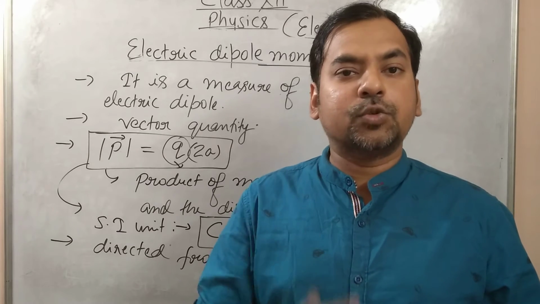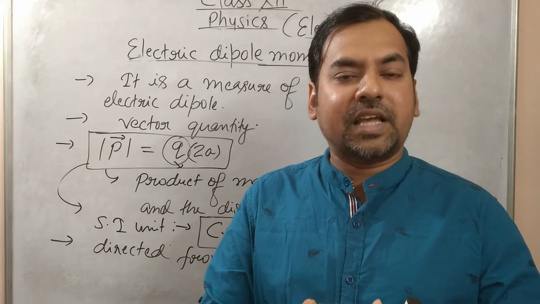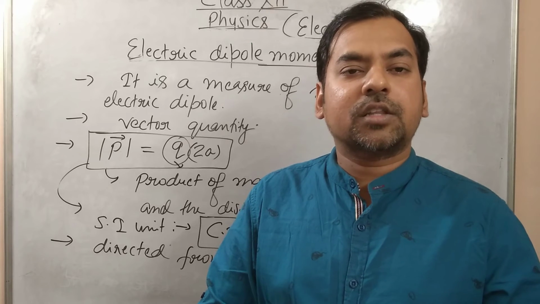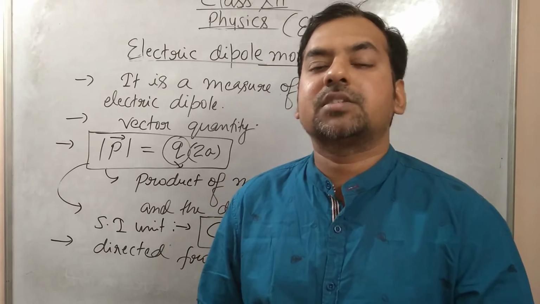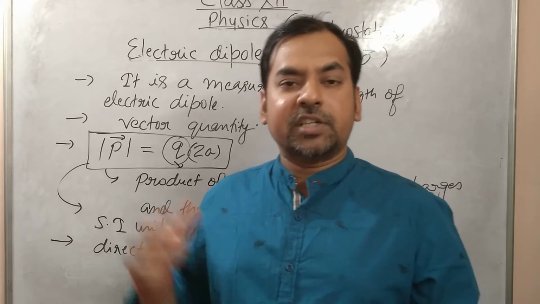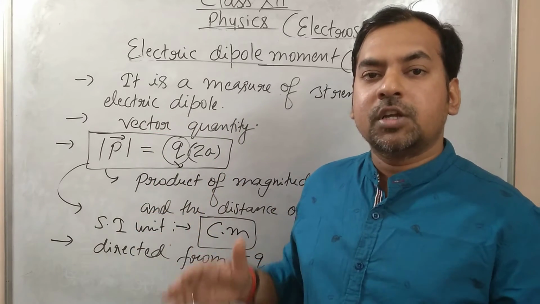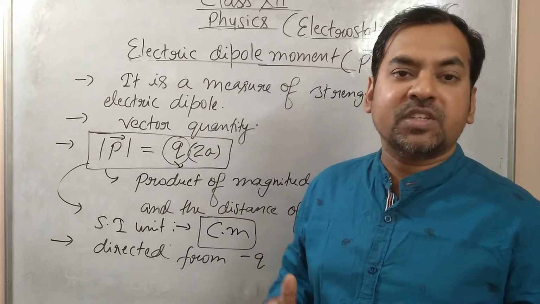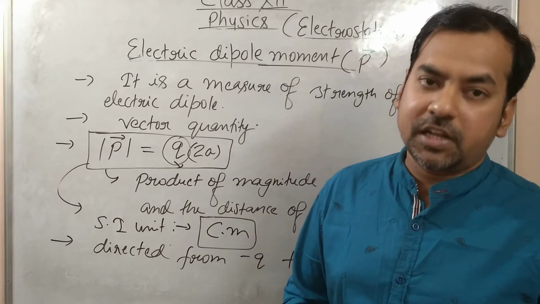So basically there are two cases, one on an axial line and another on the equatorial line, and there is one more case, that is the general case. Let us start with the very first case, that is how to find the electric field intensity at any point P on the axial line of an electric dipole.